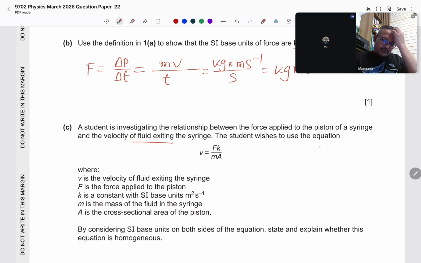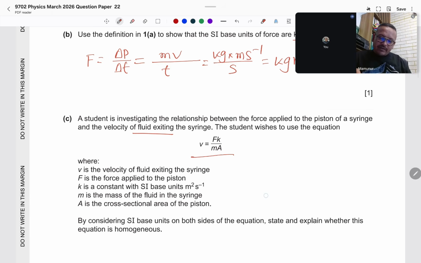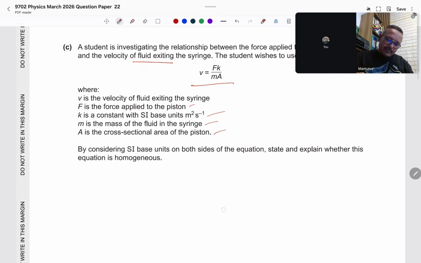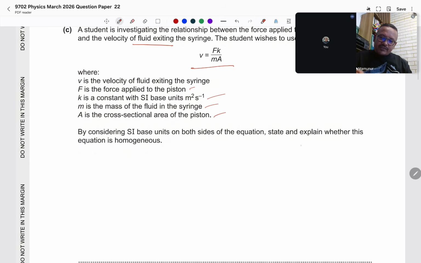The student wishes to use the equation v equals Fk divided by ma, where v is the velocity of the fluid exiting the syringe, F is the force, k is a constant with SI base unit meter square per second, m is the mass of the fluid, and A is the cross sectional area of the piston. By considering SI base units, state and explain whether the equation is homogeneous.